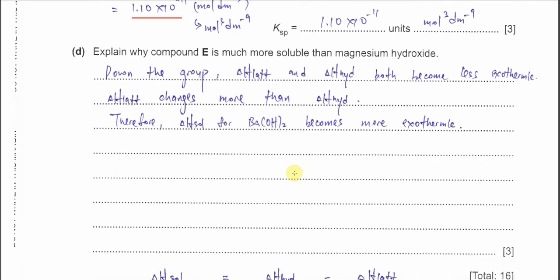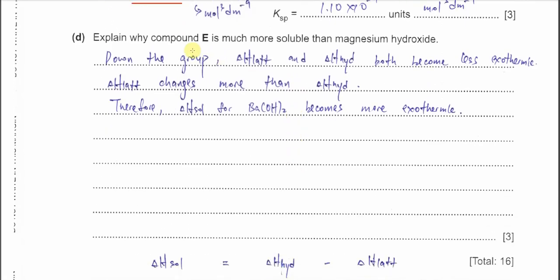Part D. Explain why compound E is much more soluble than magnesium hydroxide. Compound E, already identified, is barium hydroxide. So why is barium hydroxide more soluble than magnesium hydroxide? This is the answer in the mark scheme, but I'll tell you roughly how we get it.